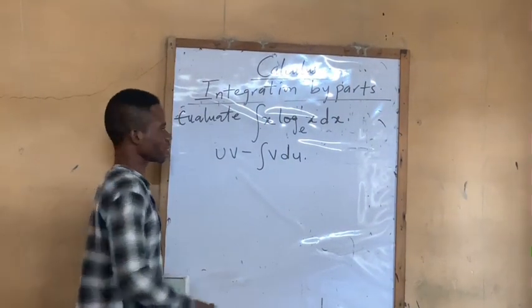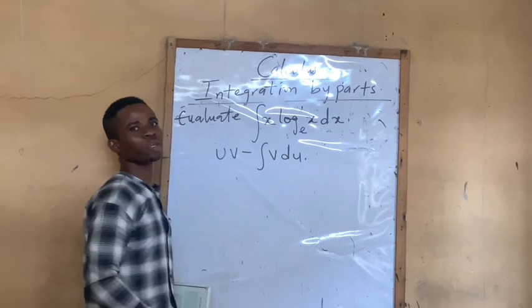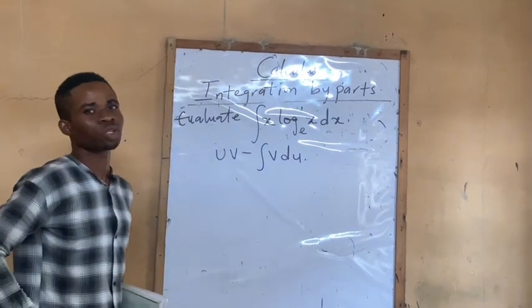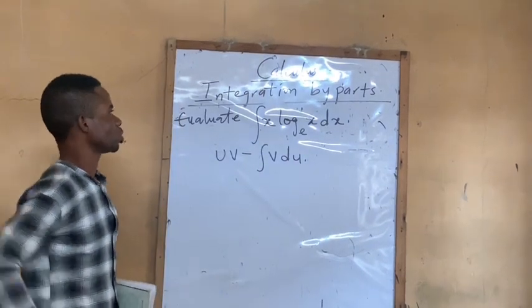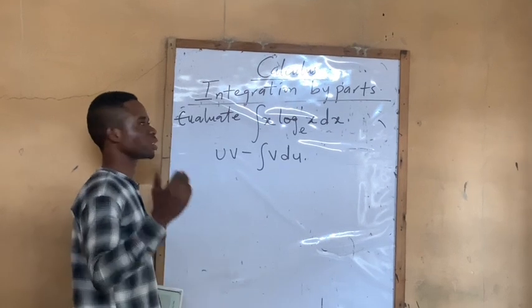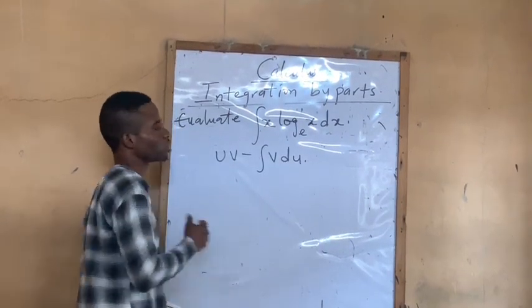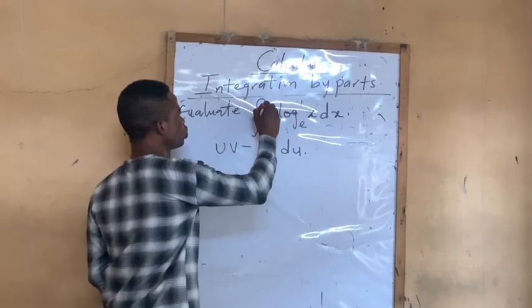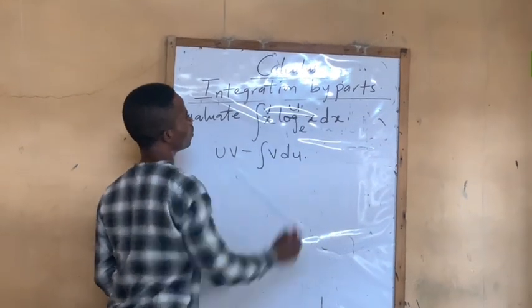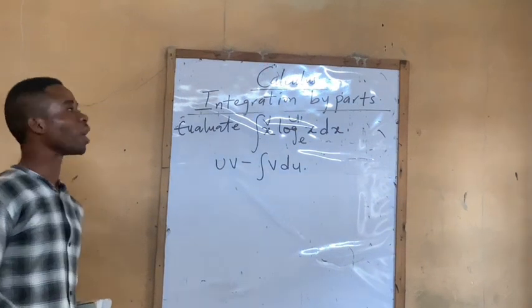But in this case, anytime you are given log in integration by parts, before we were labeling it as uv, but because of log that is there, it's going to be vu. Please, you have to take note of that.